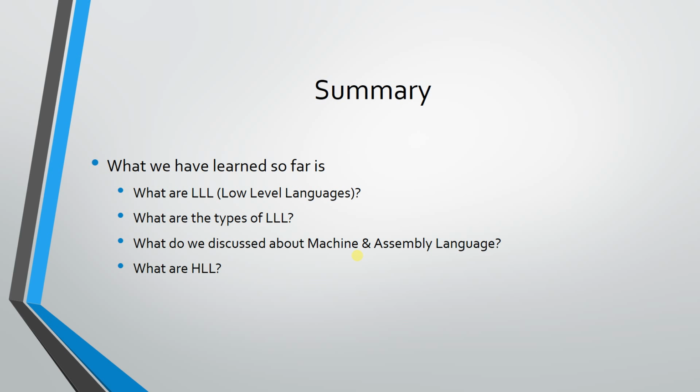The computer only understands machine language, and assembly language works in mnemonic, symbolic form. What are the high level languages? The languages which are very close to the human. Humans use high level languages to write instructions, and then these instructions are converted into machine readable form.